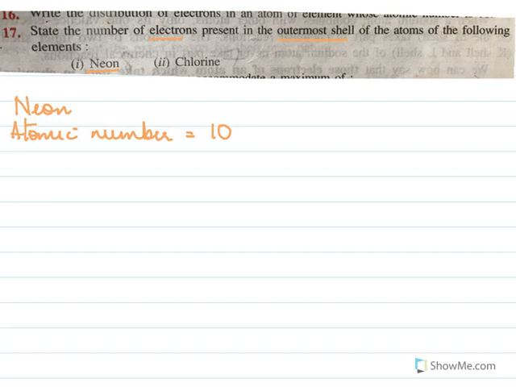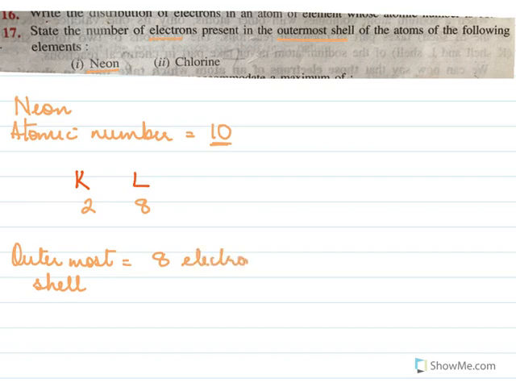So next we will put here the orbits K, L, M, maybe we require N. We have 10 electrons since atomic number is 10, so electrons also will be 10. So it's 2, 8. That's what we got, the 10. So the outermost shell has 8 electrons.